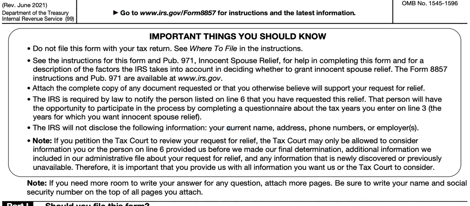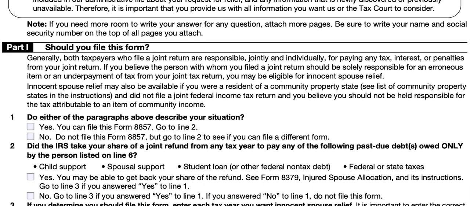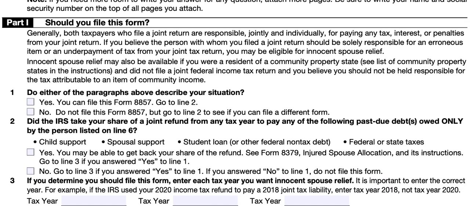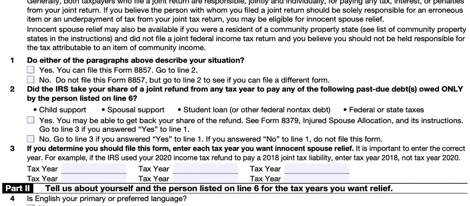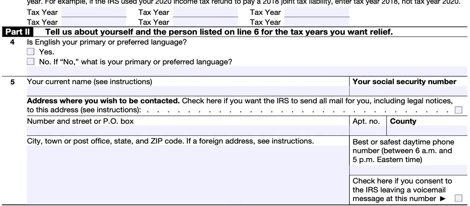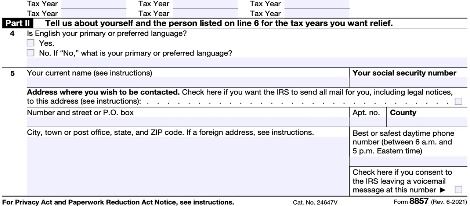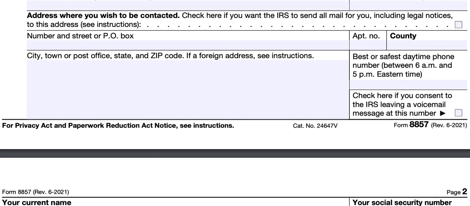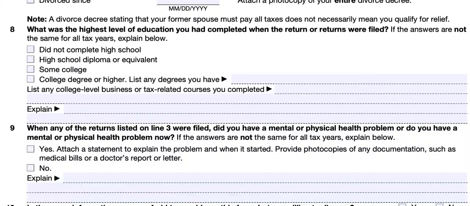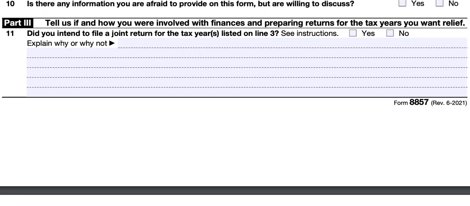So there are a couple of sections I'll briefly outline. The first part is a series of questions about whether or not you should file the tax form. Part 2 is about your situation as well as the person that's listed on line 6 for the years that you want relief. Part 3 is to inform the IRS about how you might have been involved with finances, preparing tax returns, things of that nature.